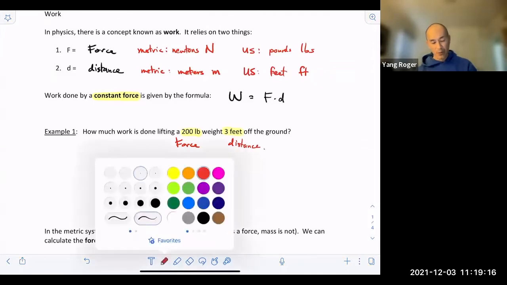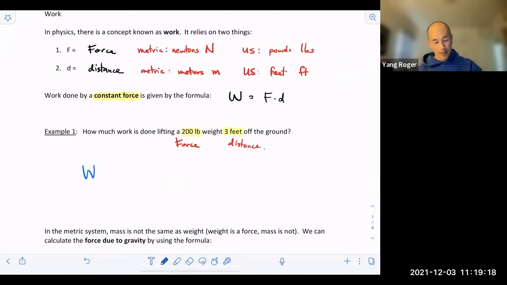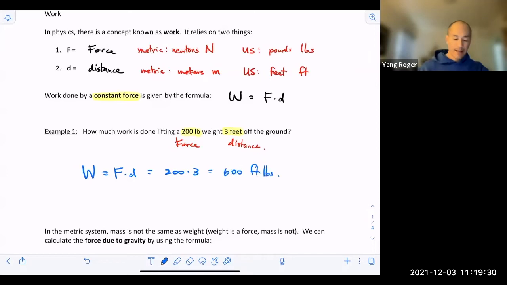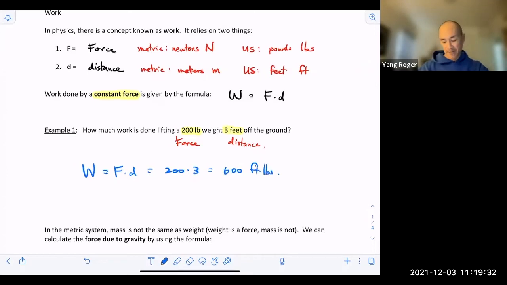So when I talk about the work done, work is equal to force times distance. That's just 200 times 3. That's going to be 600 foot-pounds. And that's what work is. That's my answer. Are there any questions about that? All right.